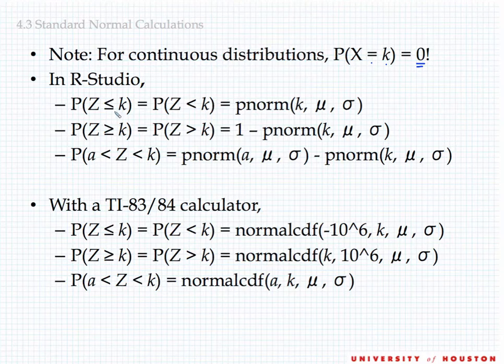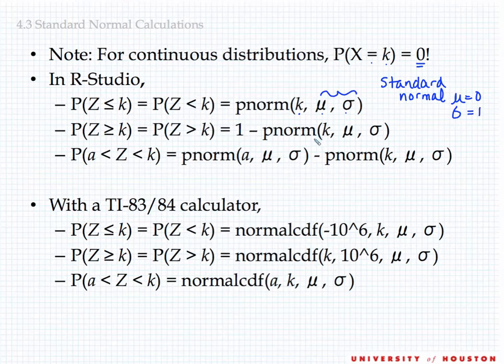For the probability that we're less than a certain value, we use pnorm in RStudio with our value, our mean, and our standard deviation. Remember, if this is standard normal, then our mean is 0 and our standard deviation is 1. When that's the case, these two values are optional. The pnorm command could take just one parameter.